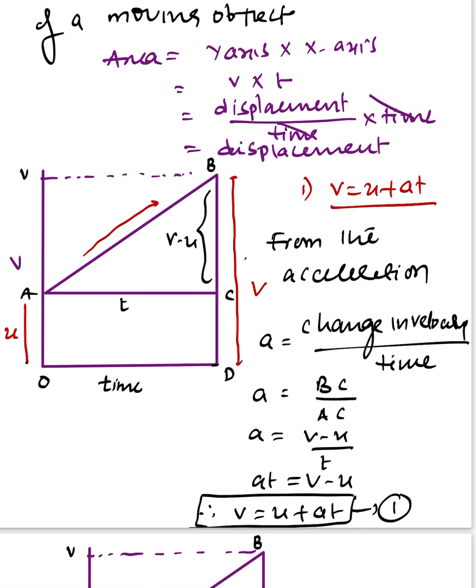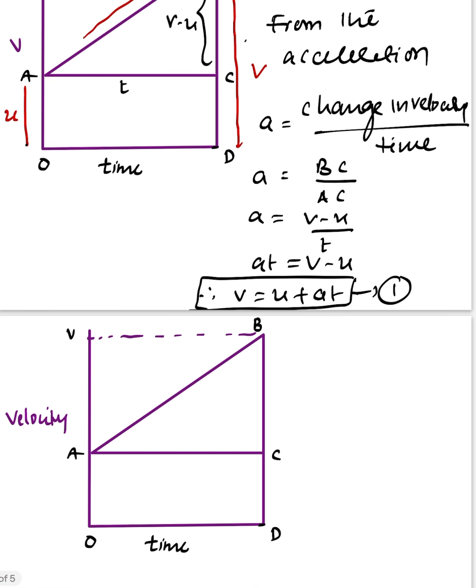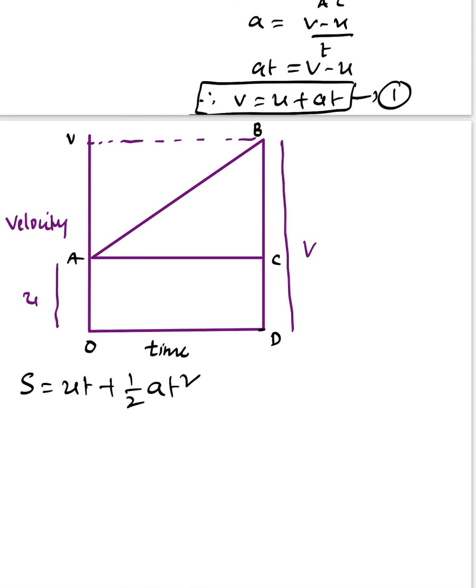Okay, right. Now the second equation of motion from the area of the graph. What is the second equation of motion here? s equal to ut plus half at square. Here also this is the initial velocity, this is the final velocity, and this is the change in velocity, v minus u.